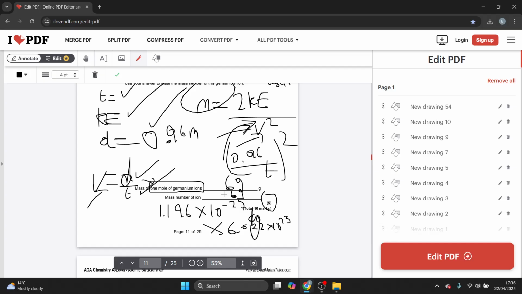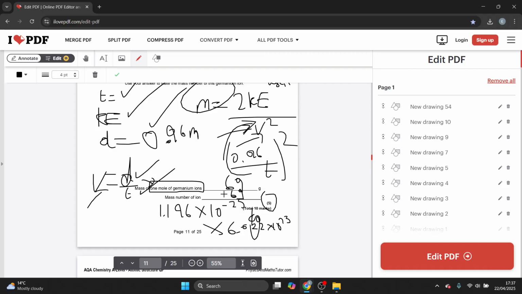If the question states mass of 1 mole of ions, find mass times by L, where L is 6.022 times 10 to the power 23.